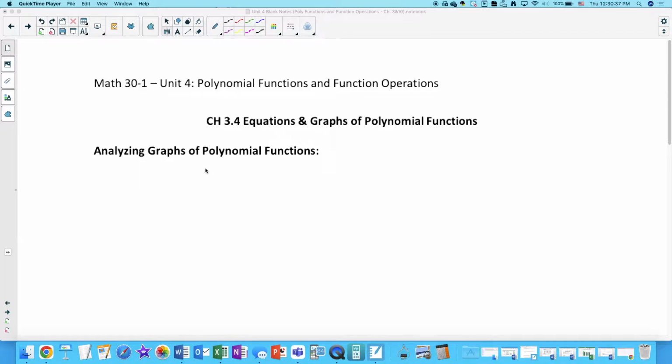Okay? And we were able to see some trends. And we're going to bring those trends in to the conversation that we've had over the past few days with the remainder theorem and the factor theorem around finding the zeros of a function. Okay? So that's kind of where we're going.